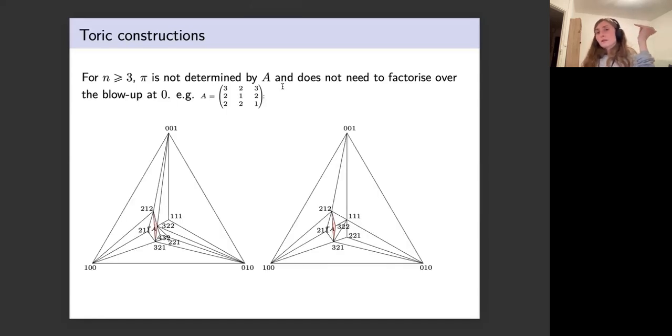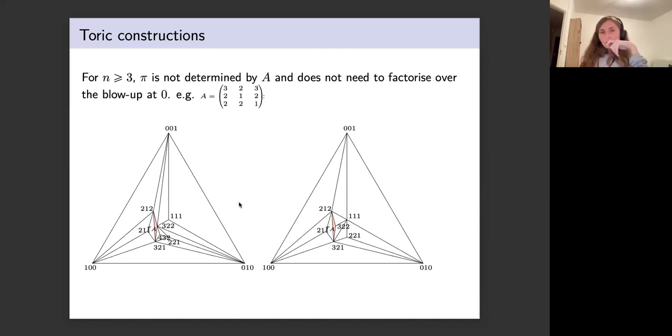You can easily start from one matrix and construct different fans having the same middle cone. And you can even construct your modification so that it does not even factorize over the blow up at 0. So even if you think you're modifying 0, so it must be blow up of 0 followed by something else, it's not necessarily. So even in dimension 3, you can do basically many things in this construction.